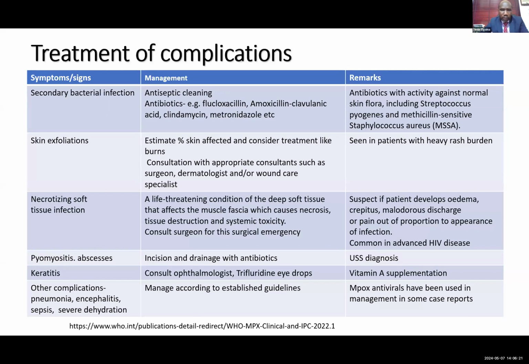And what is also important is to manage other complications depending on what you see. Pneumonia itself can be due to a secondary bacterial infection, and can also be a consequence of the viral infection. It takes the clinician to determine whether it's due to a secondary bacterial infection or a consequence of the viral infection. Next slide.